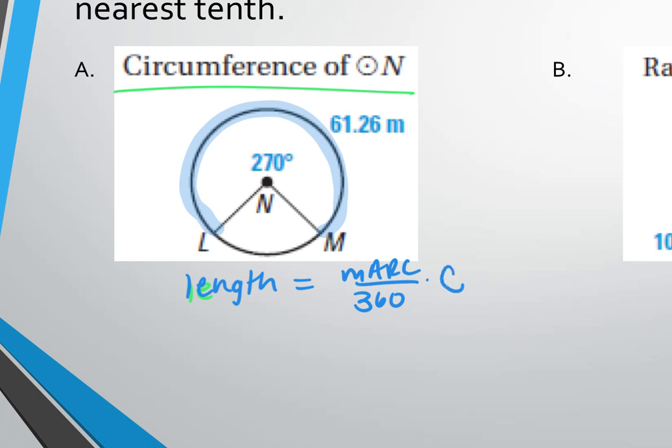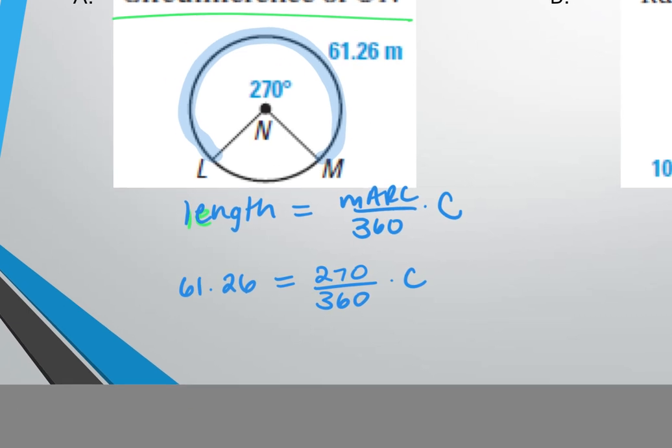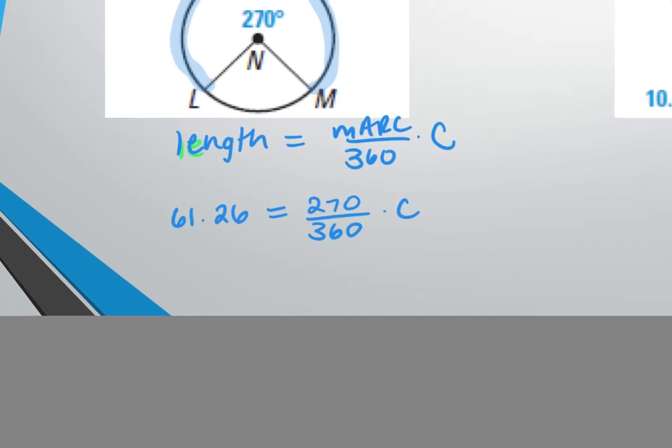If it wants circumference like it does, I can actually just multiply it times C, and then fill in the information that you know. So the length is 61.26. What's the measure of the arc? 270. And I'm looking for the circumference. So I can use my calculator already if I wanted to. I could literally multiply this by 360 over 270, and I could do the same thing over here, 360 over 270.